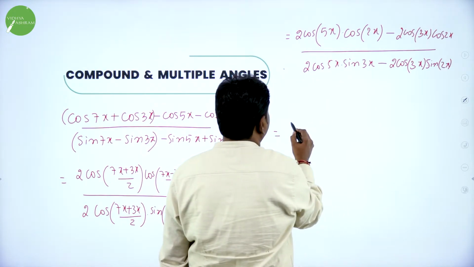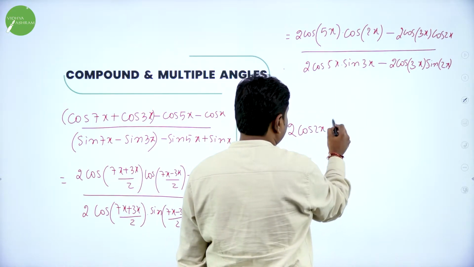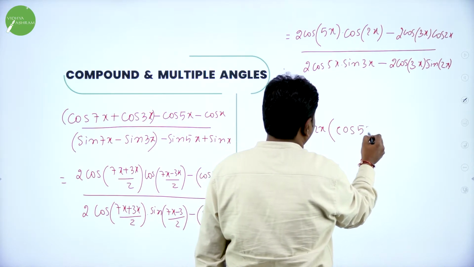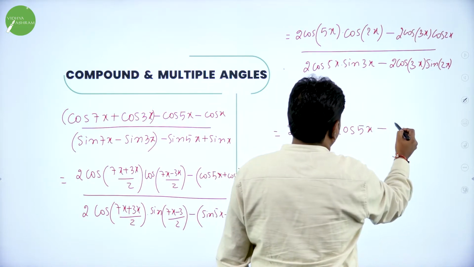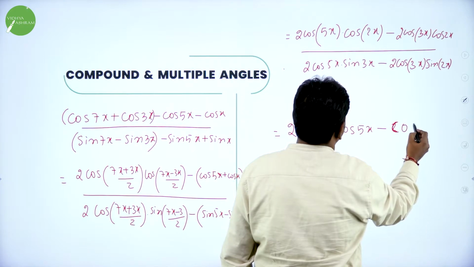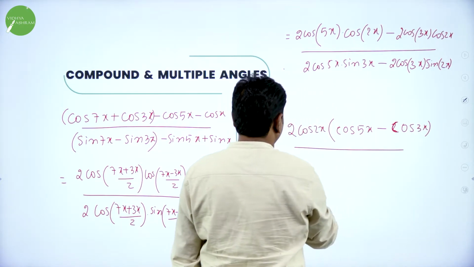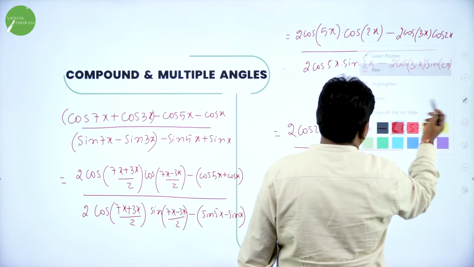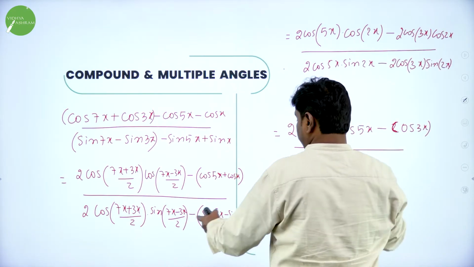So in the numerator you can take 2 common and also cos 2x common. 2 cos 2x we will take out common. We are left with cos 5x minus cos 3x, divided by, again taking out common: (5x minus x)/2, this is sin 2x after subtraction, 4 by 2.